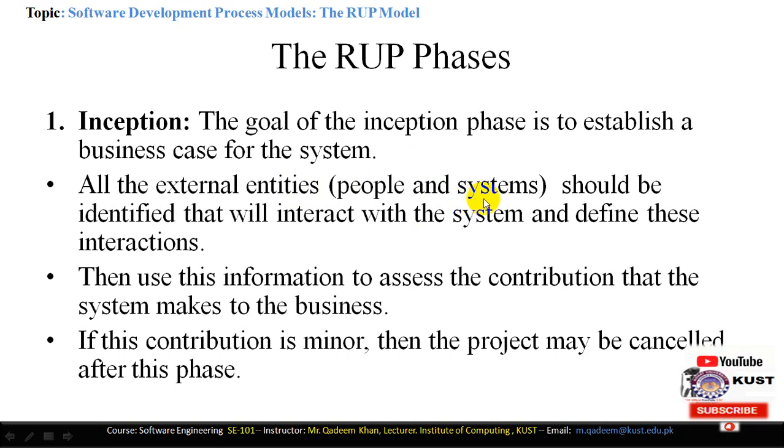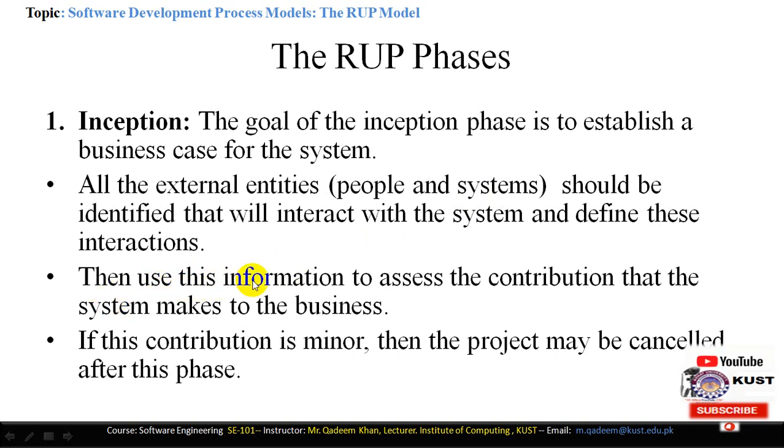For example, a printer is a system. Similarly, a camera is a system. Similarly, a software system as well, for example, Google Map is a software system. So these are all the external entities which will interact with our product.